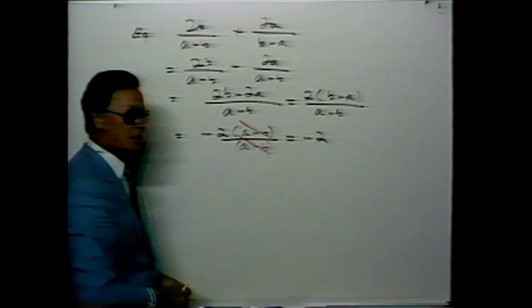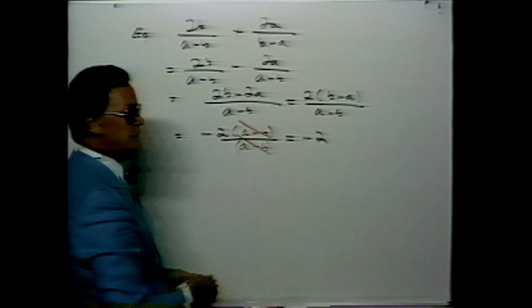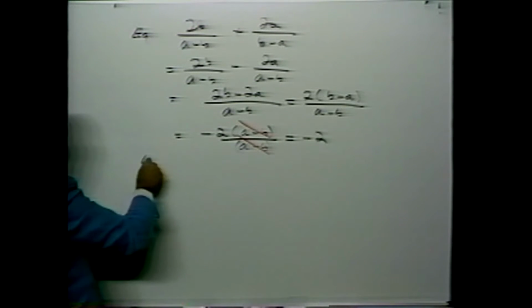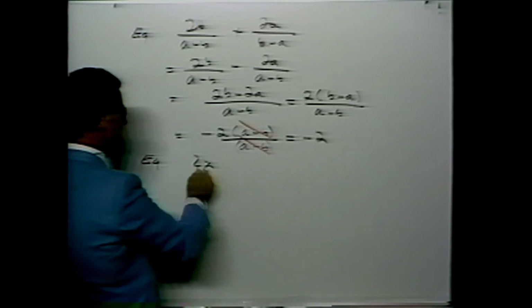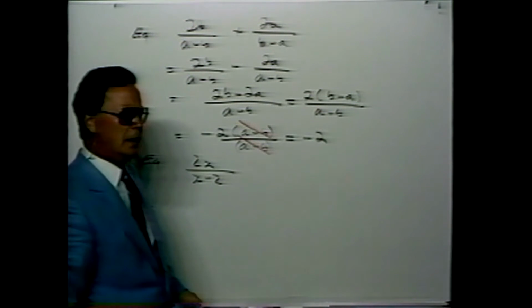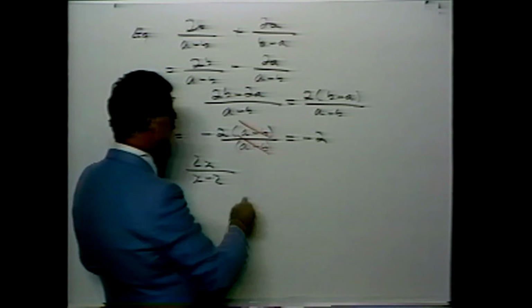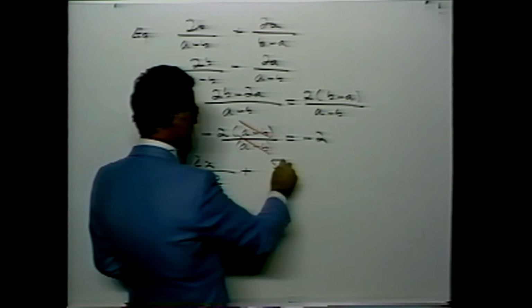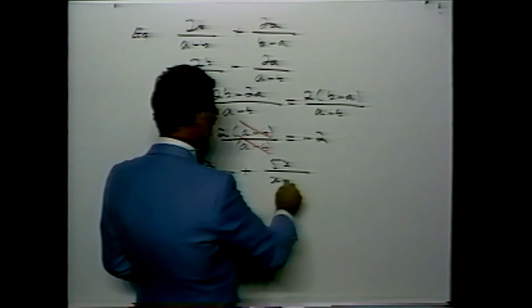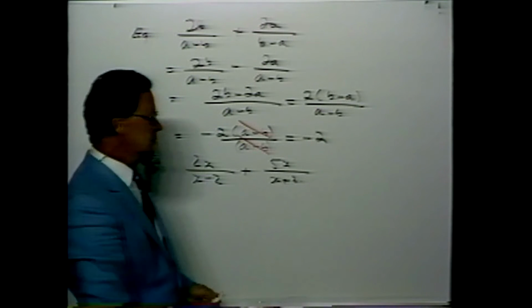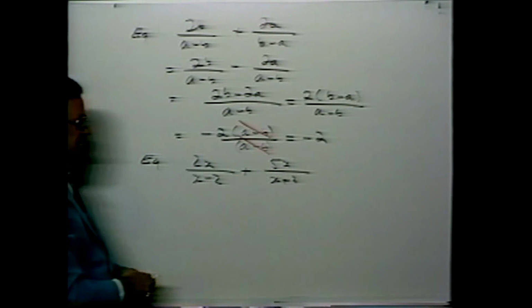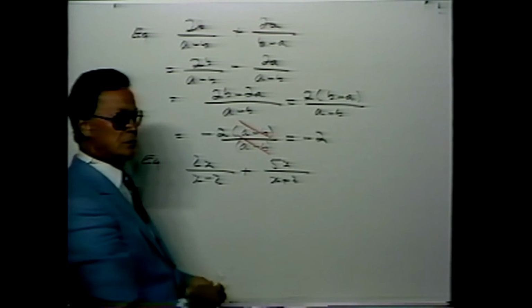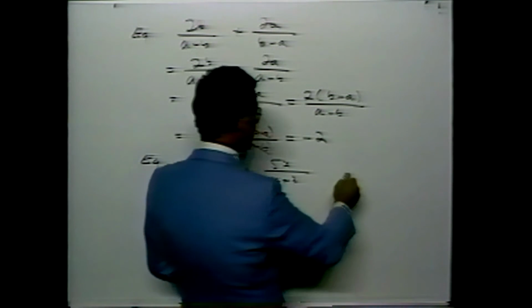It's certainly more desirable. In another example, I have 2x over x minus 2 and add 5x over x plus 2. If you look at the denominators of each of the fractions, you see that they are different. x minus 2 is not the same as x plus 2.